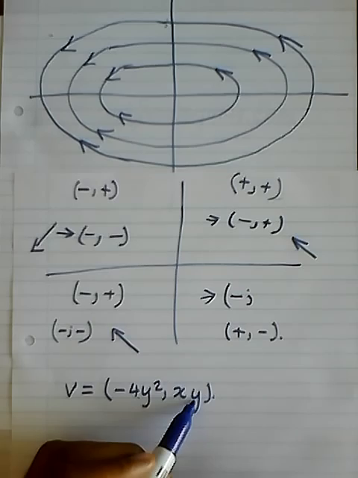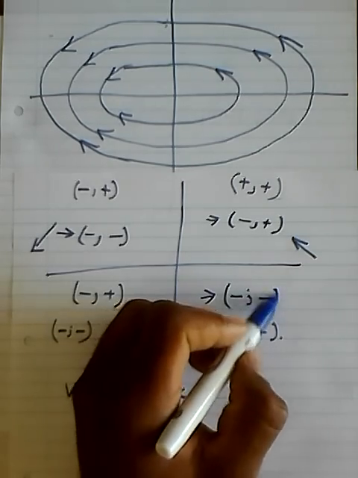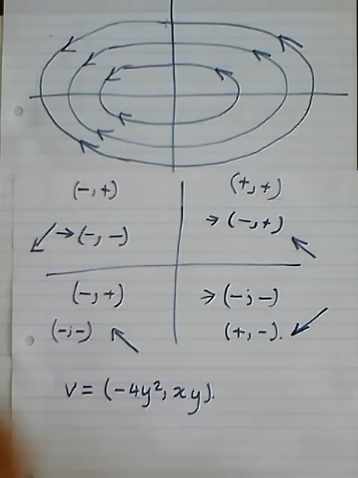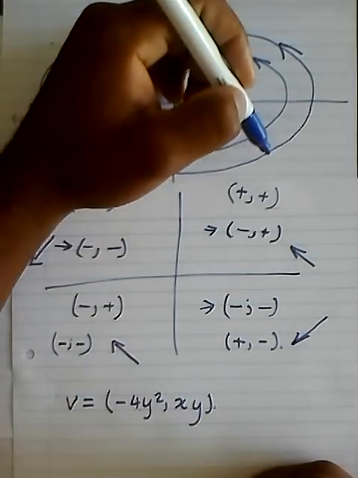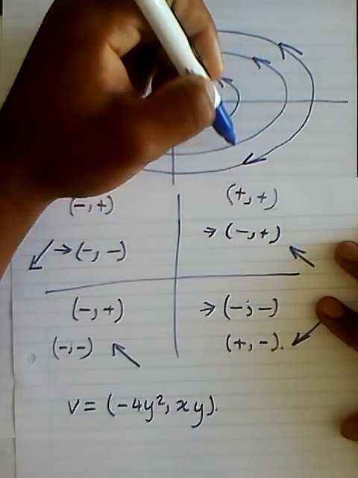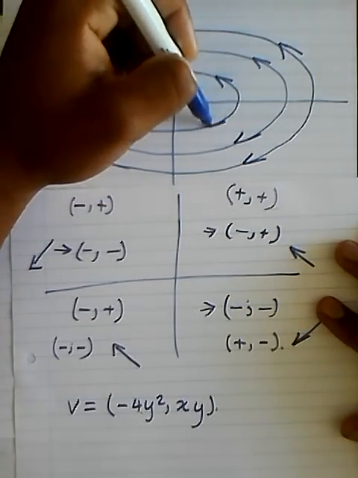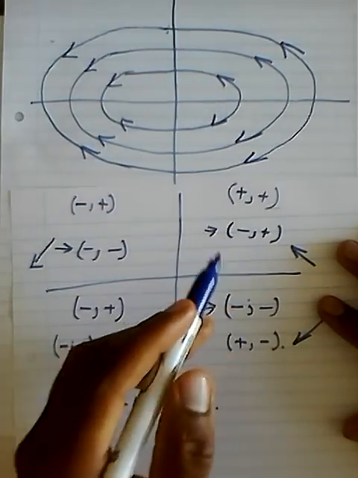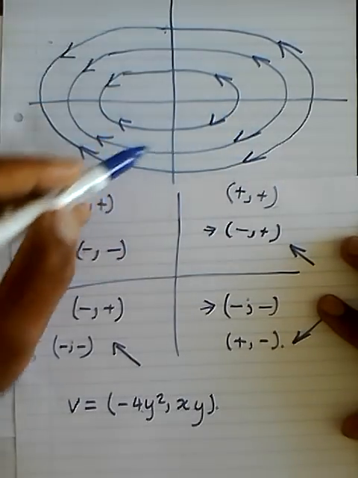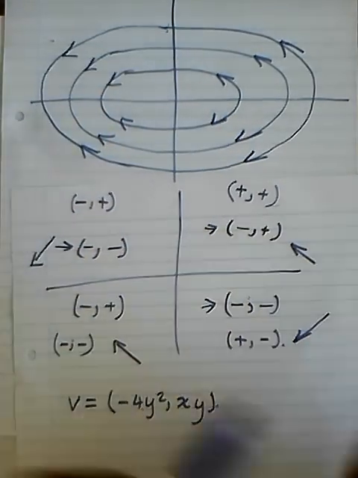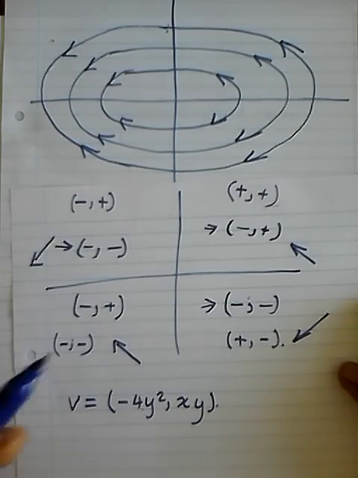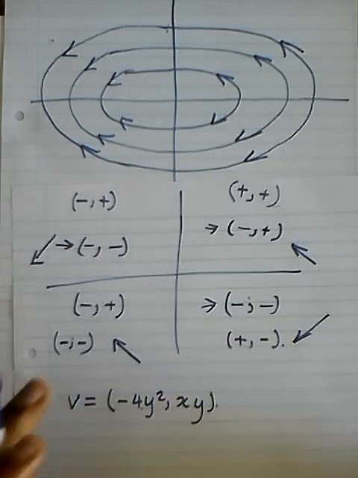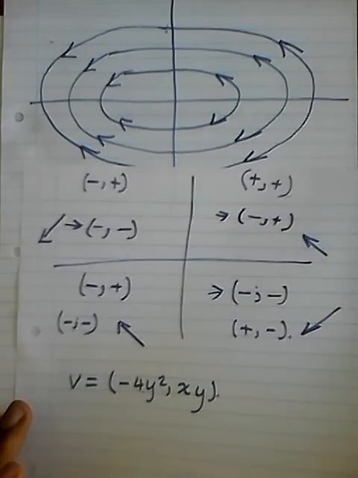Positive multiplied by a negative, we get a negative. So that means our direction is in this way, and when we transfer this into our curve, we have something like this. Note that they're spreading like this and then like that. Now this is what you have to do when you want to determine the direction.